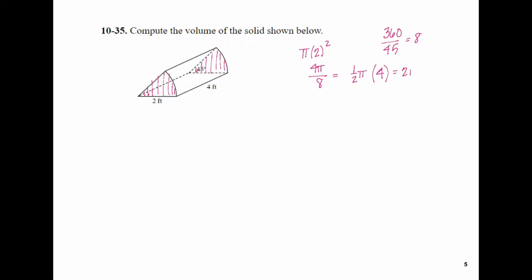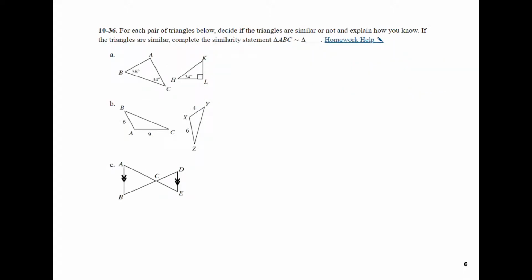So we get 2 pi, which is approximately 6.28 feet squared for our area. When we multiplied it by 4, it was this height, so we want to make sure our label is cubed because this is in fact our volume.